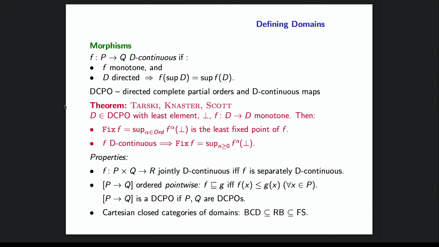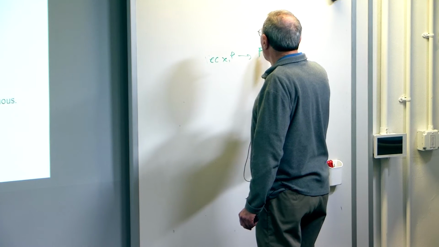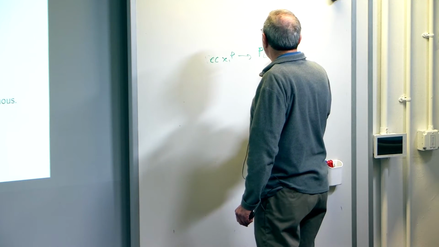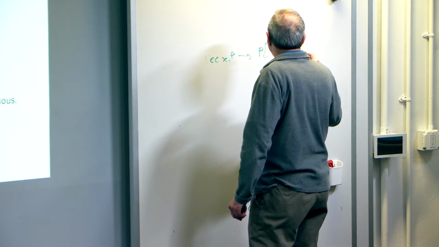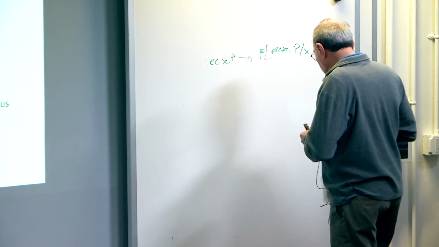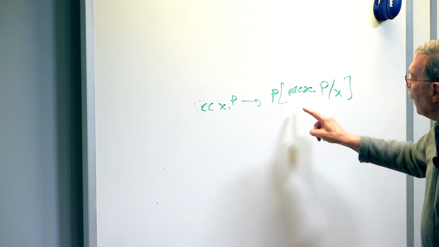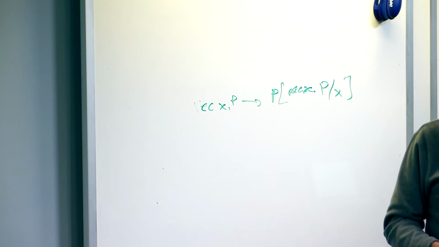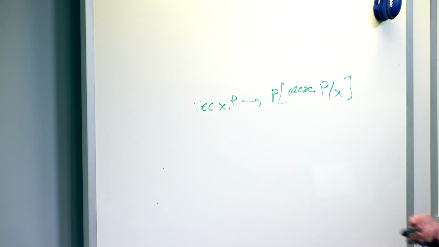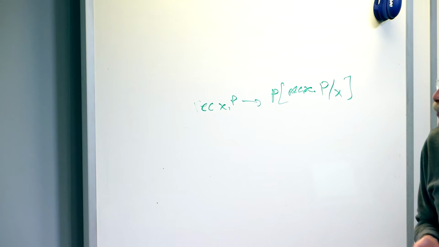And if you think about unwinding recursions in process algebra, the simple unwinding formula is that, say, rec x dot p unwinds to p applied to rec x dot p for x. And what that's really telling you is the recursive process is a fixed point of the body. And so this is why you want fixed points, and why least fixed points suffice.